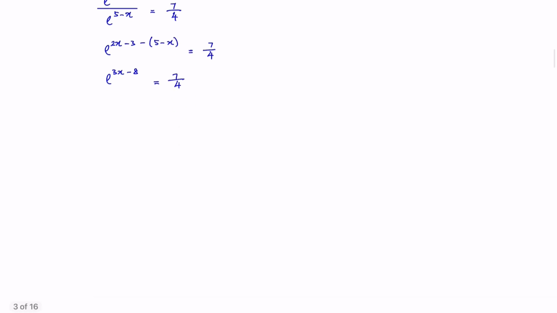So now we can write 3x minus 8 equals ln of 7 over 4. Okay, so now 3x would equal ln of 7 over 4 plus 8, and x would equal 1/3 of ln of 7 over 4 plus 8 over 3.